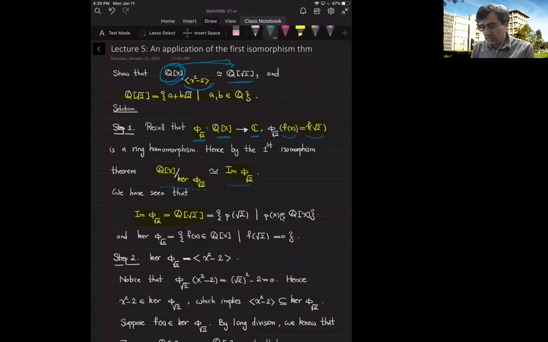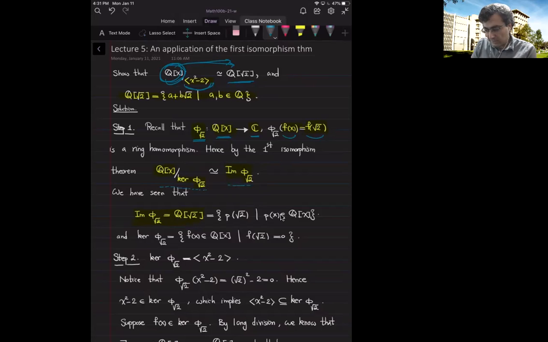Now, we've seen before that this image is the smallest subring of complex numbers that contains Q and root 2, and we denoted this by Q bracket root 2.